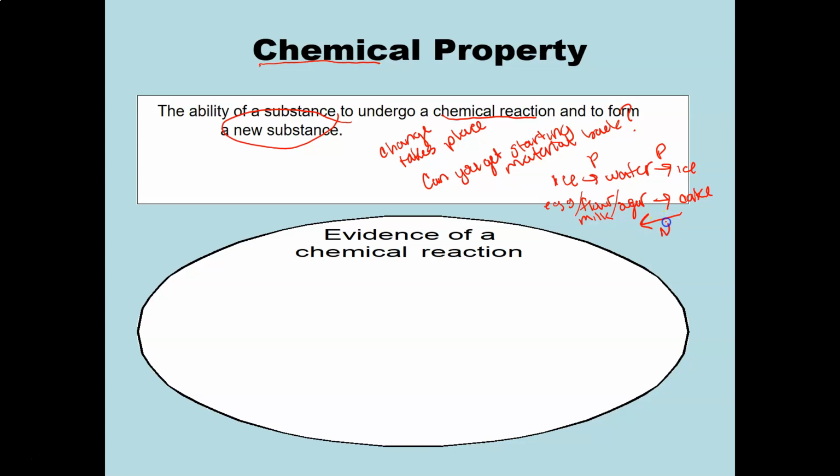And if the answer is no, then I've done a chemical change. I can't get it back. And you have to understand, I can't go backwards physically. Right? I'm going to really stress that. Physically.